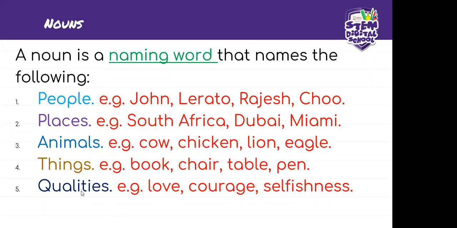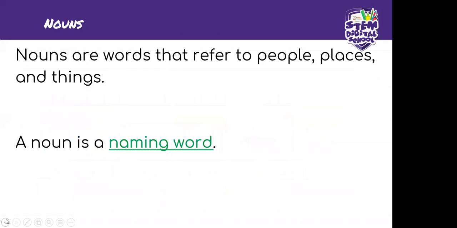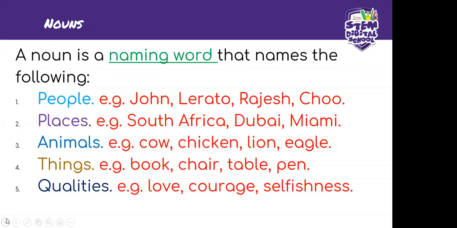Remember from the definition we gave in the previous slide, we said that nouns are words that refer to people, to places, and things. And that nouns are naming words. So this is something which we need to know and remember. Okay. So number one, a noun, it names people.